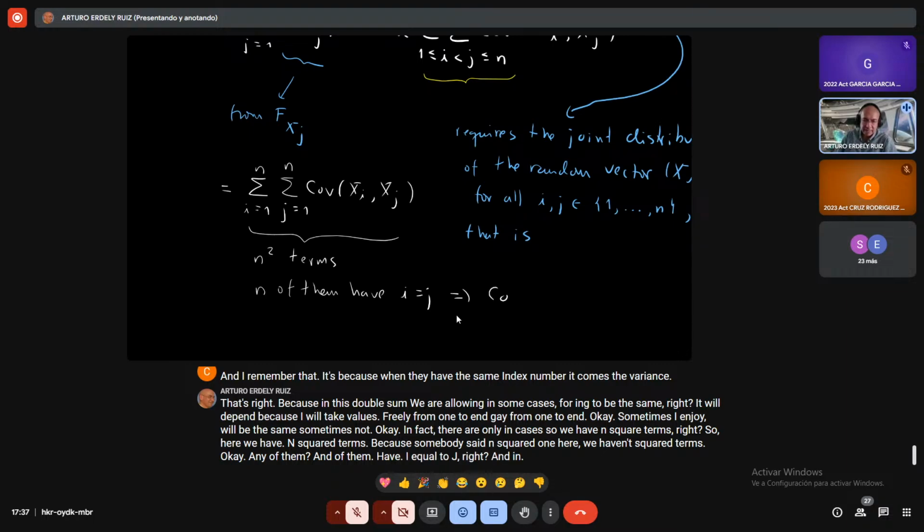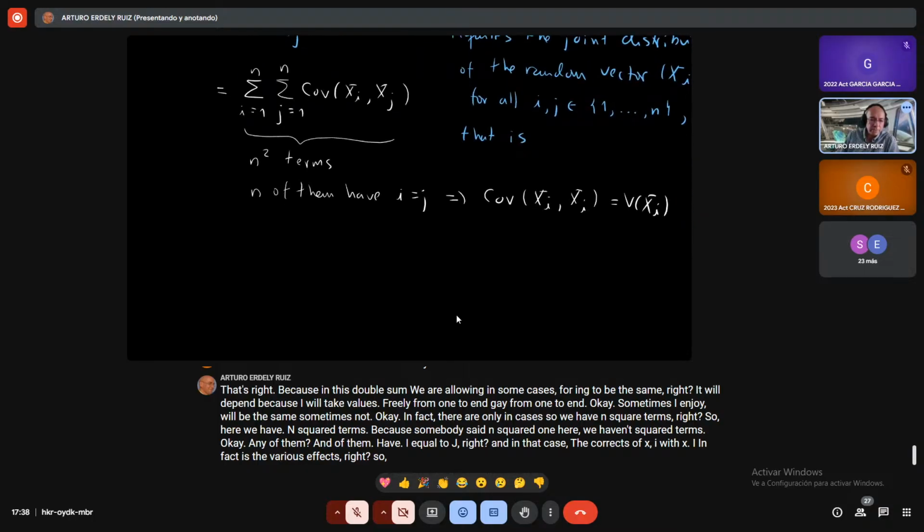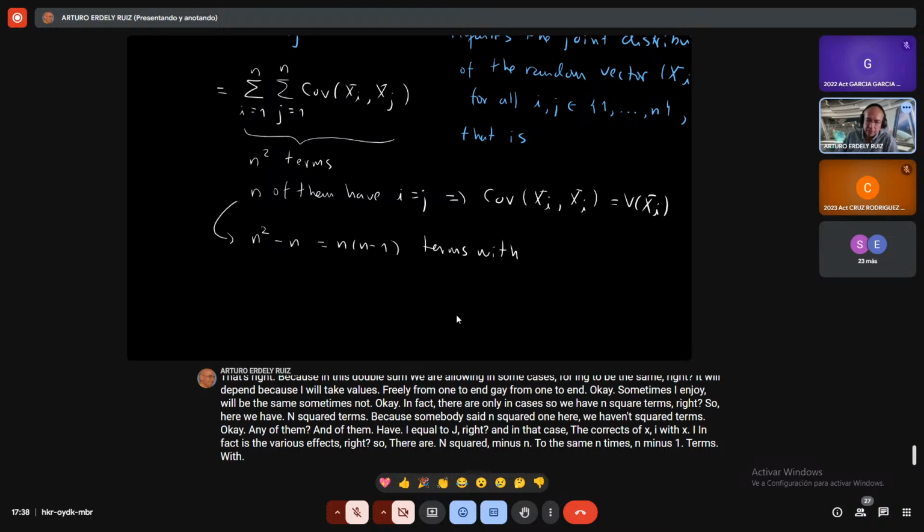And in that case, the covariance of xi with xi, in fact, is the variance of xi, right? So there are n squared minus n, which is the same as n times n minus 1 terms with i different from j, right?